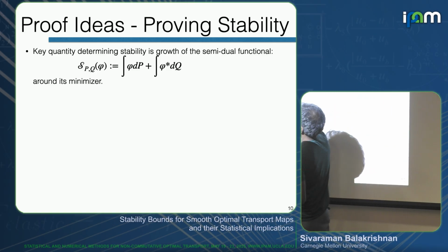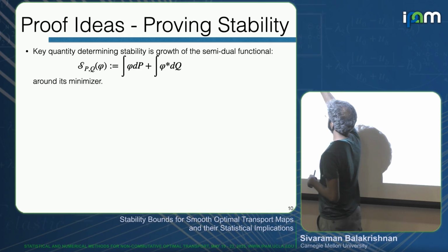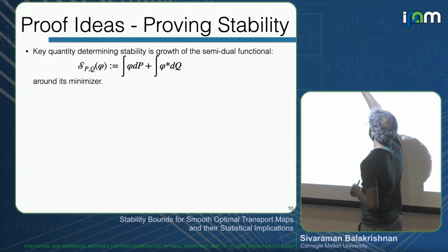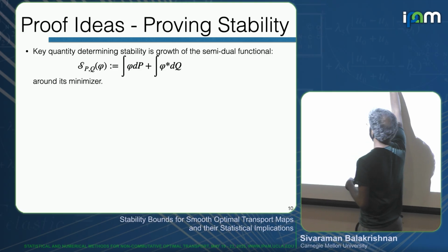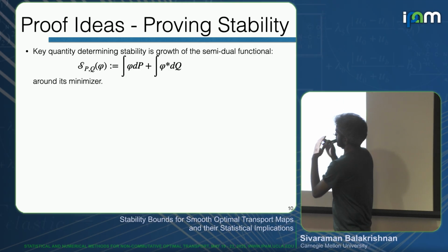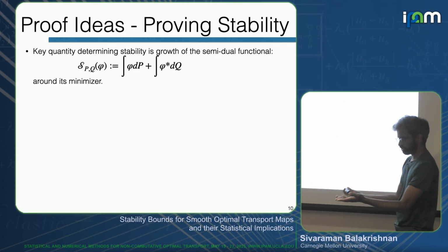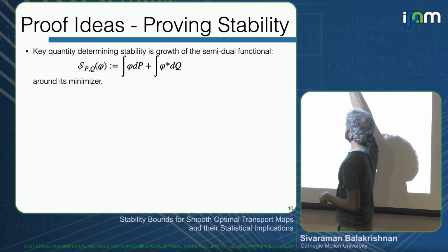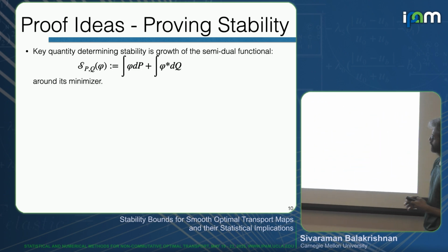So if I give you a pair of distributions, you can ask, what is the expected value of some function phi under p plus the expected value of the conjugate under q? So this is a functional that, given a pair of distributions and a function, spits out some value, and it is minimized at this Brenier potential phi 0.